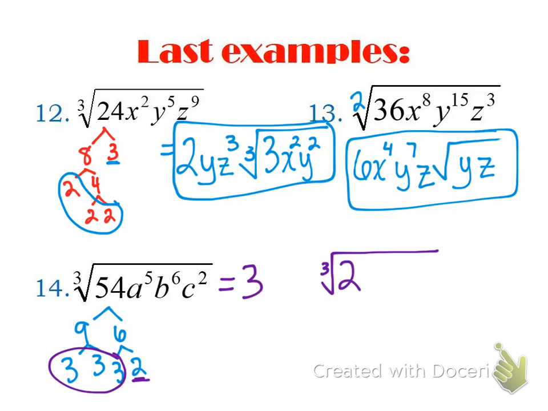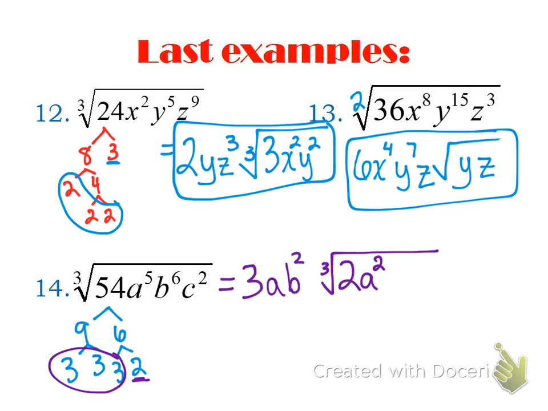All right, A to the 5th. How many groups of 3 will we find? 1 group of 3, and how many left over? 2. Okay, so a group of 3 and then 4, 5. All right, for B to the 6th, how many groups of 3? 2 groups of 3. How many left over?